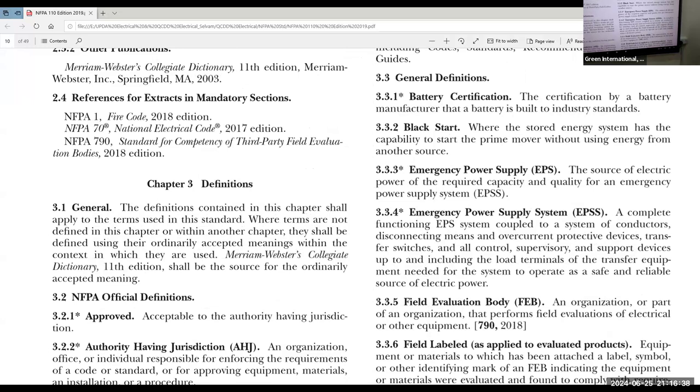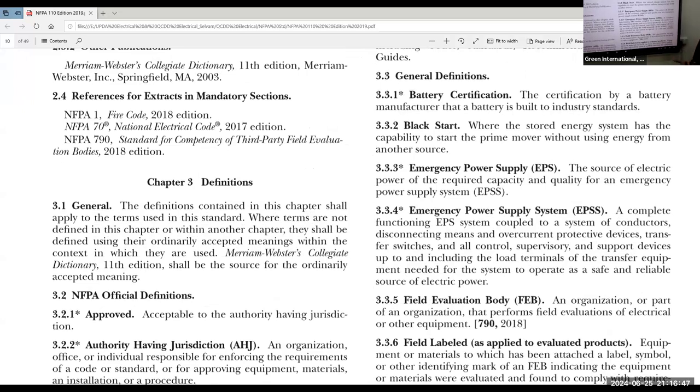So the question is related to the EPS, and immediately we go to the 110 and look for the answer in the EPS definitions. But in the definition we didn't get the answer. Correct? But for EPS they put an asterisk symbol, so that's why we go to that.